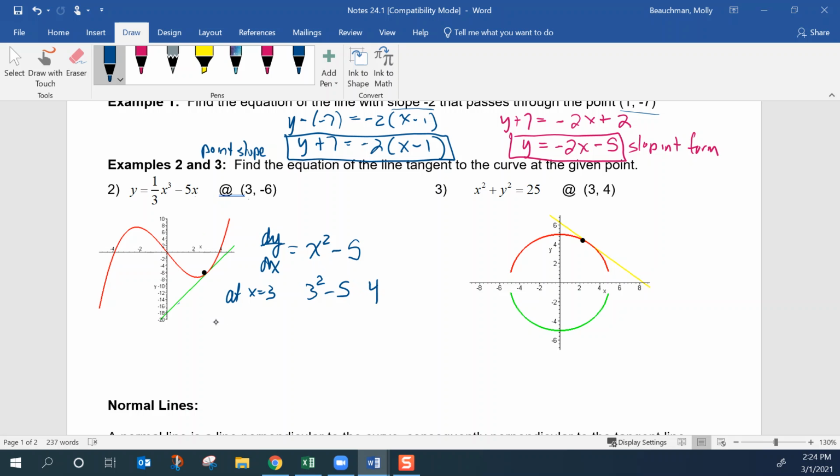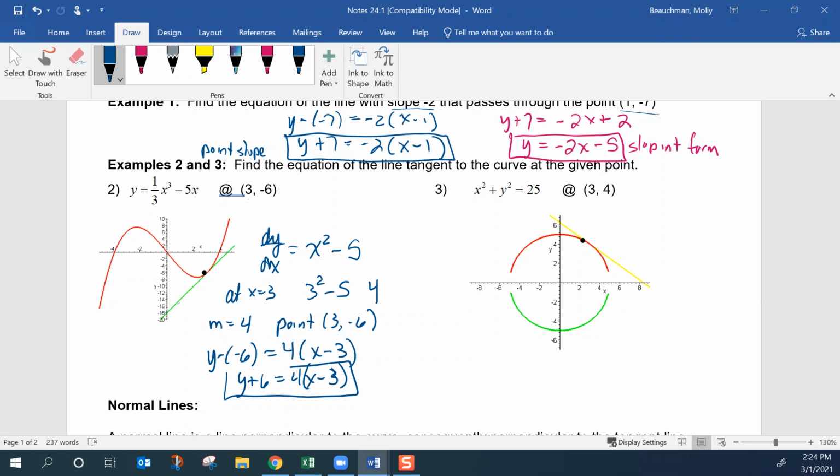So now I have a slope of 4 and a point (3, -6). Now I can substitute that into the point-slope form of the equation and actually find the equation of my tangent line. So we get y minus (-6) is equal to the slope times (x minus the x coordinate, which is 3). y plus 6 is equal to 4 times (x minus 3) is my point-slope form.